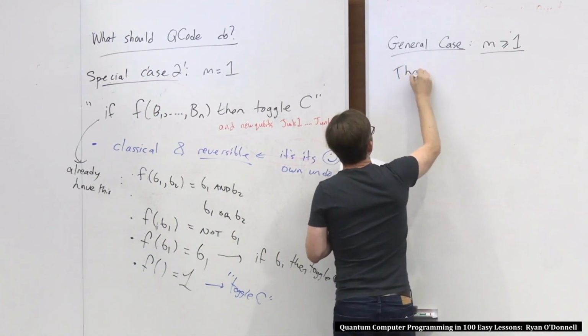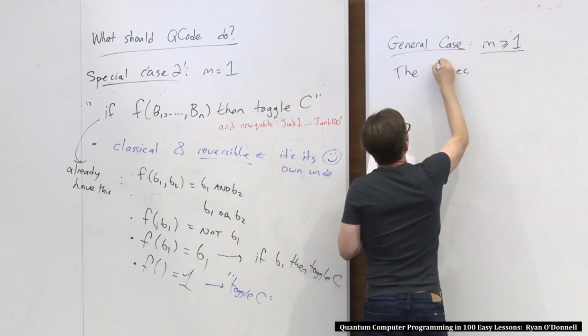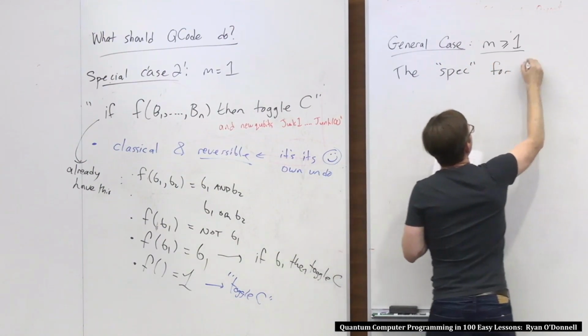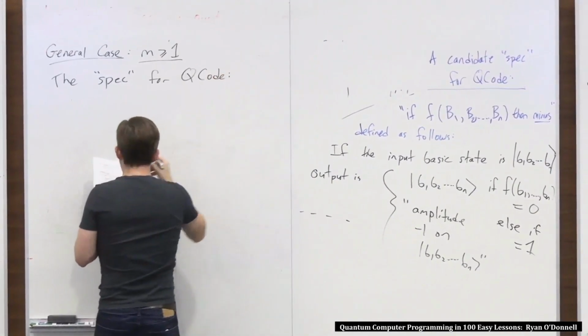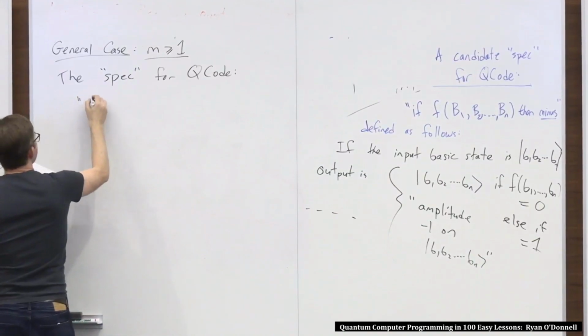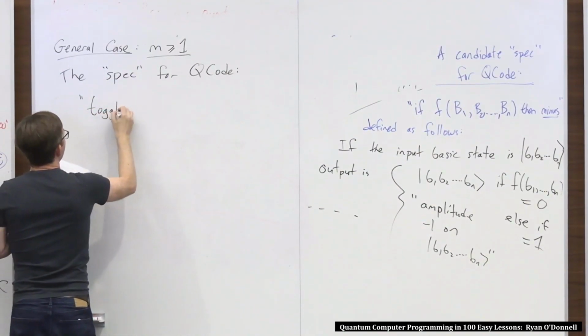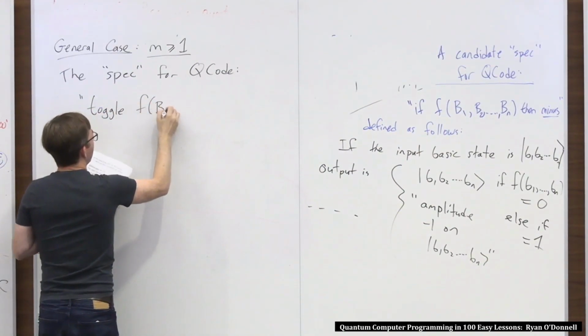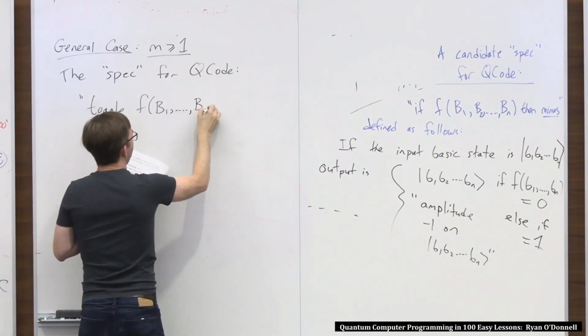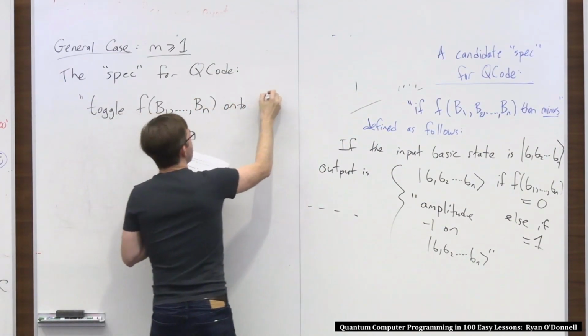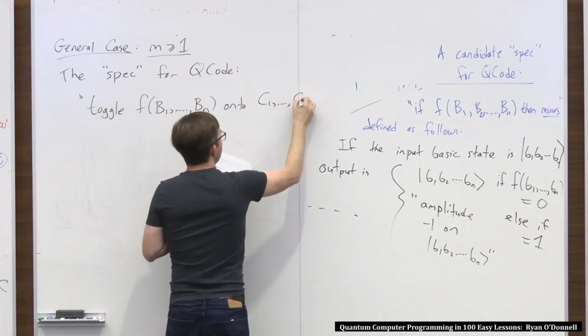So the spec, or QCode, will be, I'll write it like this. Toggle f of b1 through bn, the input bits, onto c1 through cm.